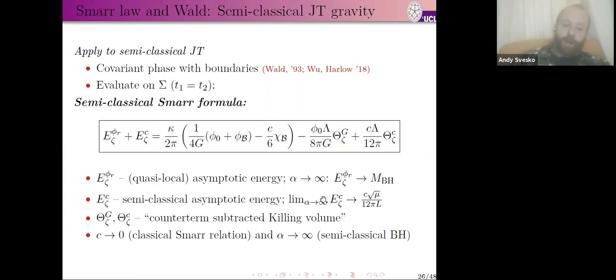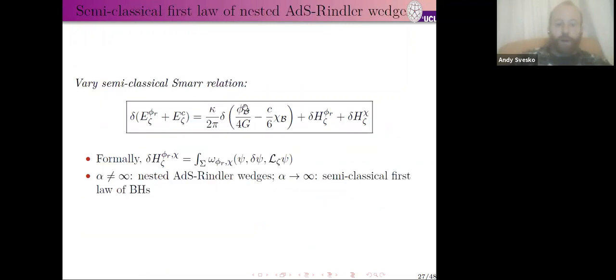Okay, so now using covariant phase space techniques, or if you really want, you can try to vary all of these quantities. You'll find that you arrive at the semi-classical first law, which is a mechanical first law. This is just the variation of the quasi-local energy, variation of what we'll see as the generalized entropy.